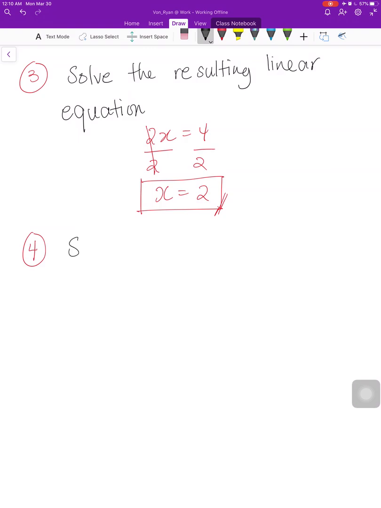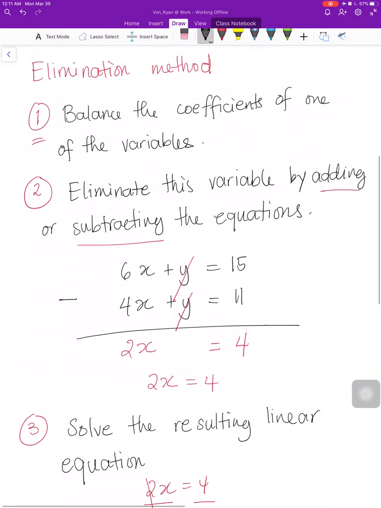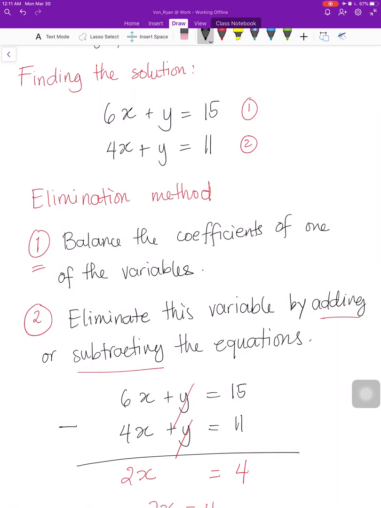Step 4 is to substitute the value found back into one of the previous equations. Okay, so now you know that x is equal to 2. You're going to go back to your previous equations 1 and 2 and use either of them and replace the x value with 2.